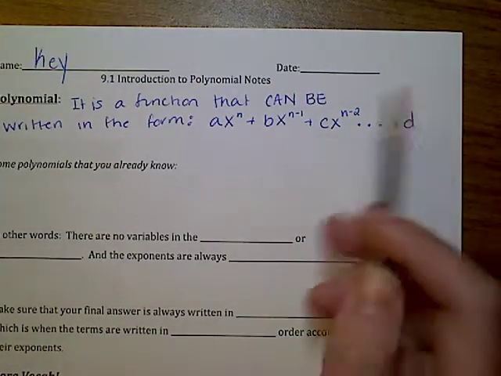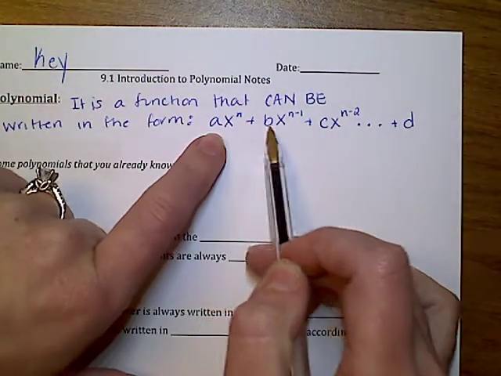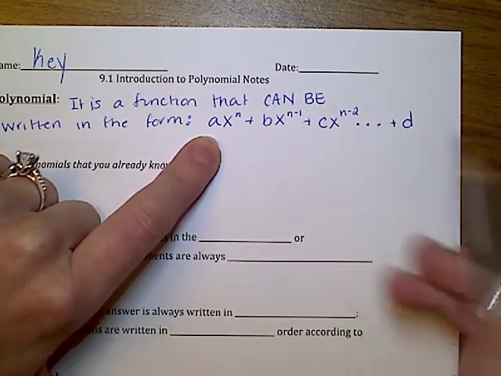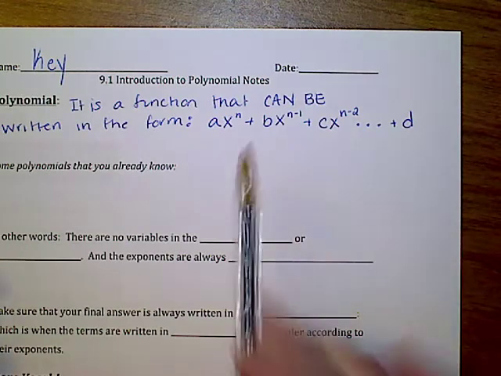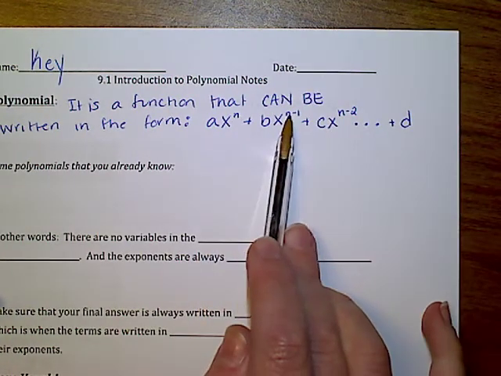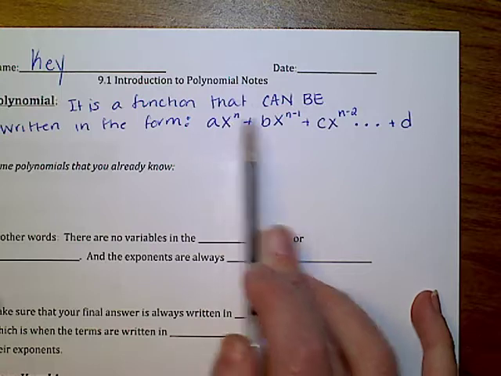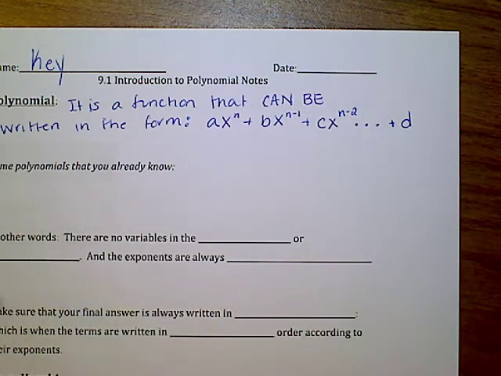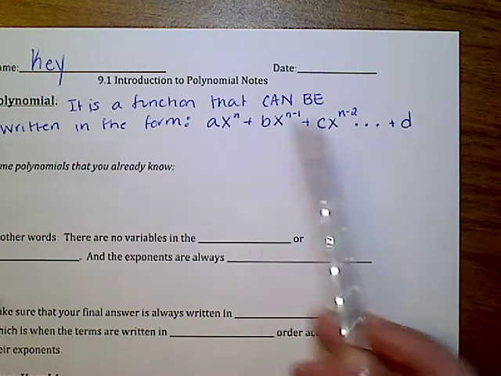Because really there could be so many terms in here. I don't know how many terms a particular polynomial will have. That's what the ... means. But this x to the n minus 1, x to the n minus 2, what we're trying to show there is that we would write this as the exponents going in decreasing order from highest to lowest.